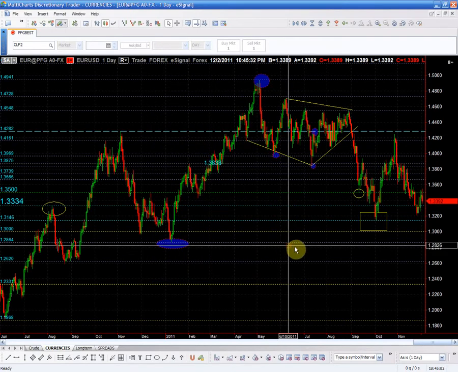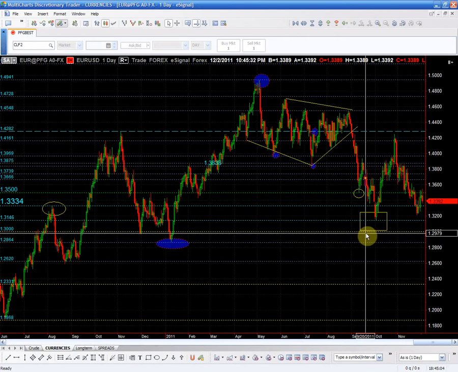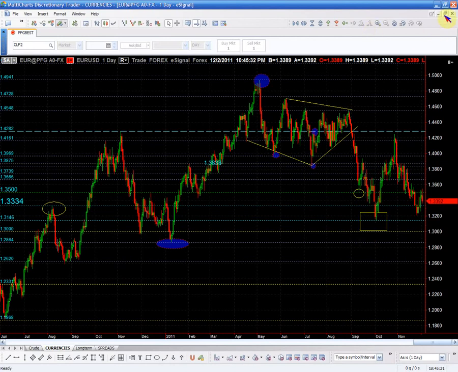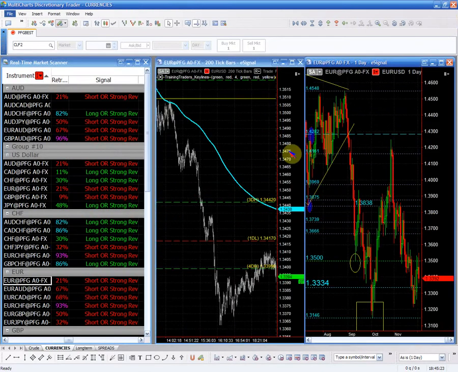Now we're still looking for a decline, and I am about 50 pips away from my next structure short point. With the euro, we need to be careful because, again, it is subject to some sort of intervention. So if we're going to take the short, we're going to keep a tight stop.